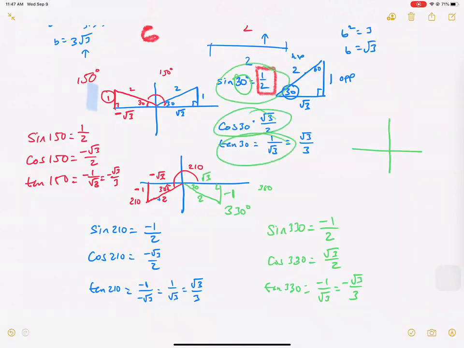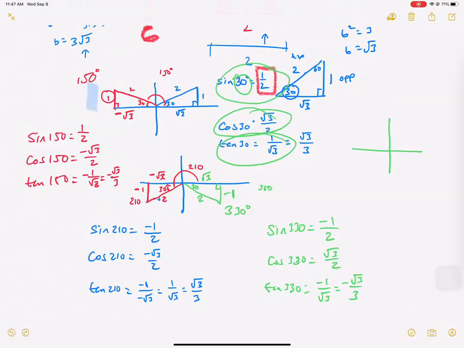In quadrant 2, only sine is positive, but everyone else is negative. In quadrant 3, only tangent is positive, everyone else is negative. So in essence, everyone takes a turn to be positive. In quadrant 4, cosine is positive, everyone else is negative.